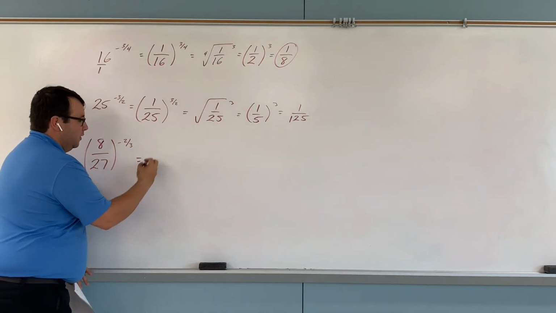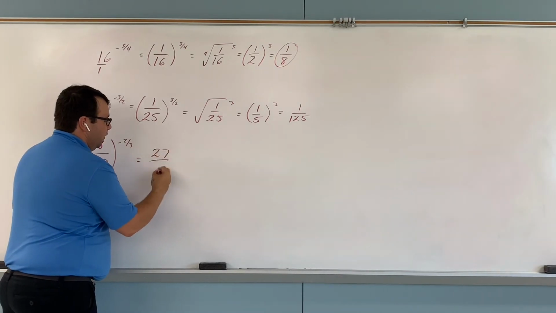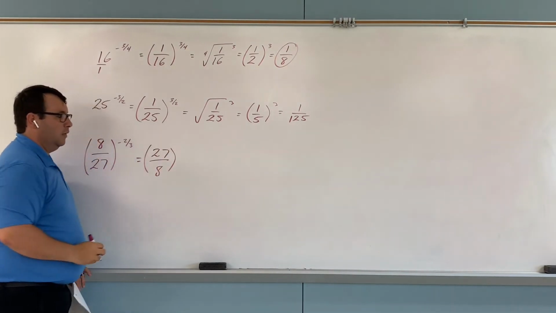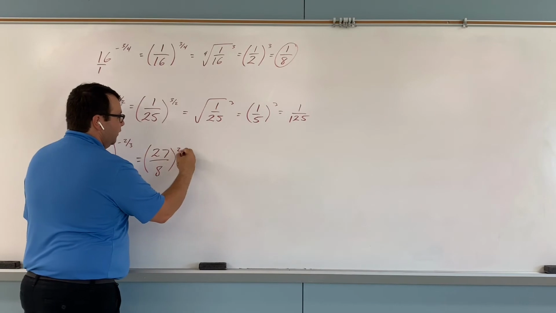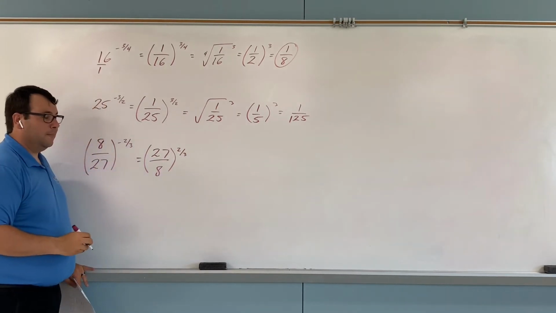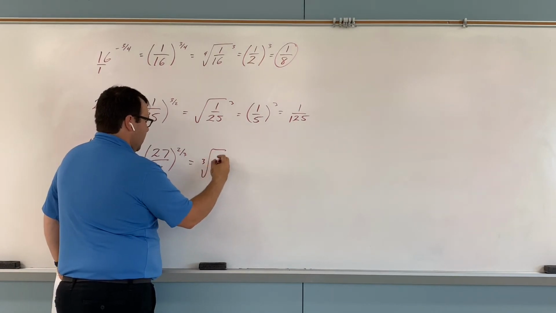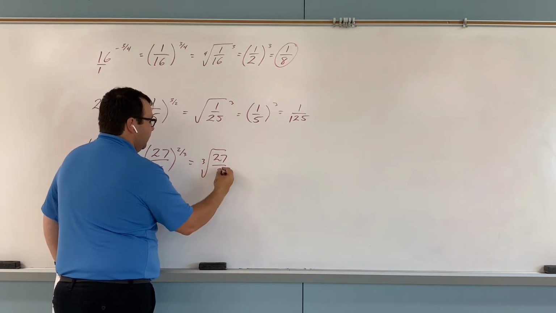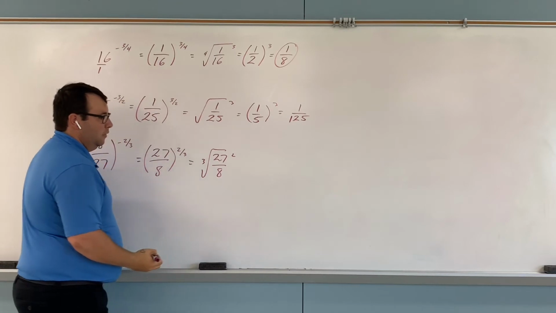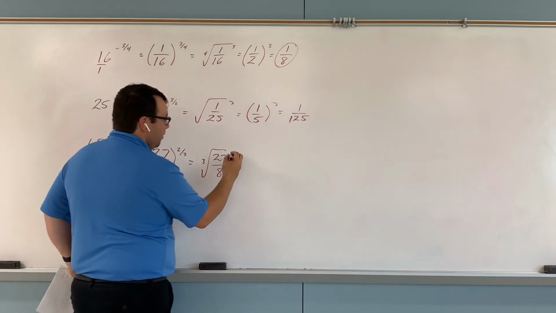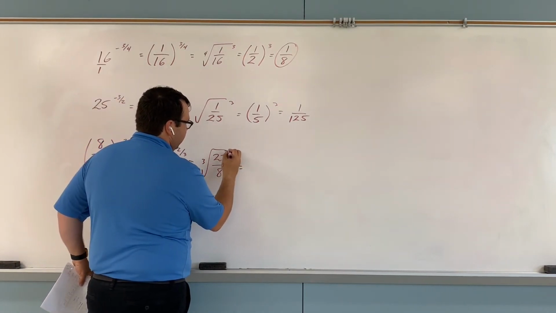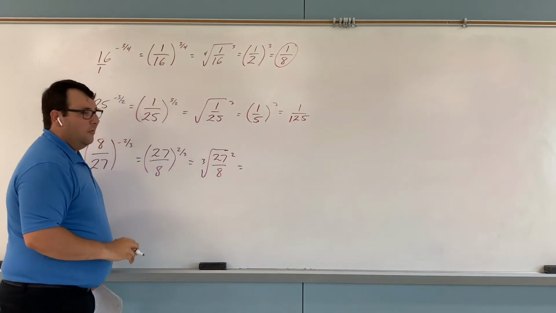So I can say that I have 27 over 8. I reciprocated to the positive 2/3 power. Convert it. I have the cubic root of 27/8 squared. Now, you might be looking at this and saying, oh boy, that's a big fraction, right? Well, think of it like this.